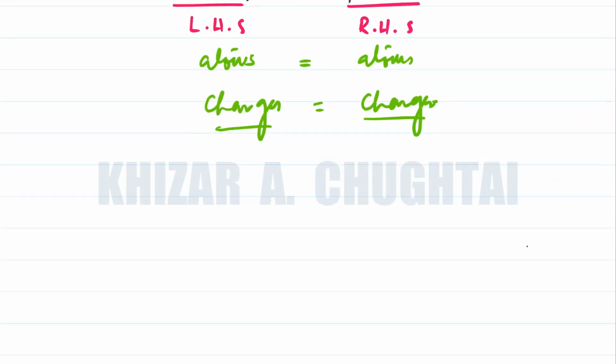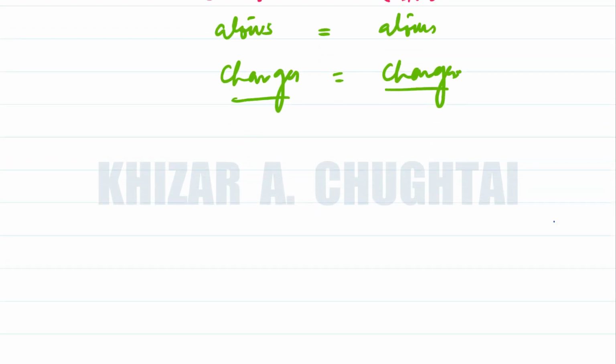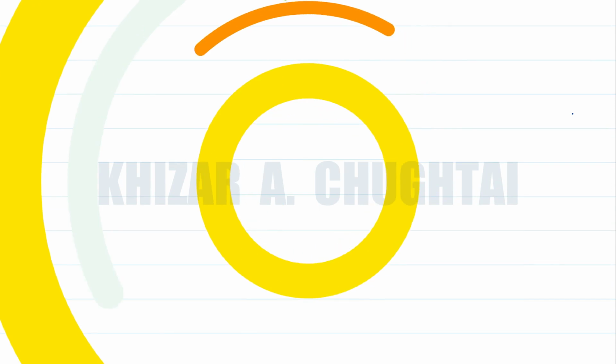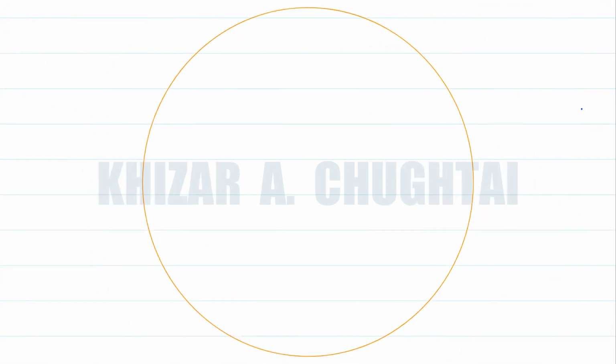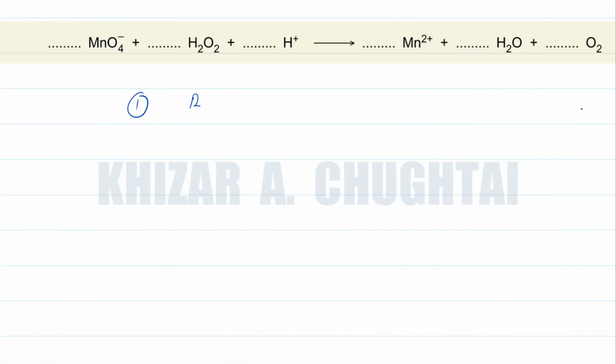Now I am going to tell you a Khizr rule to balance the most difficult equation in the simplest way. There are a few steps. First of all, balance the charges on both sides, if there are charges.